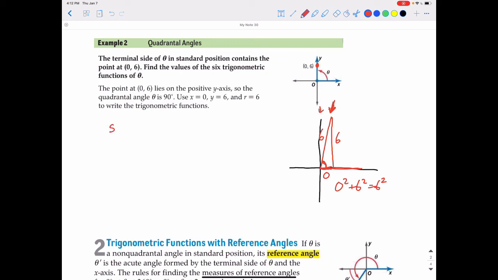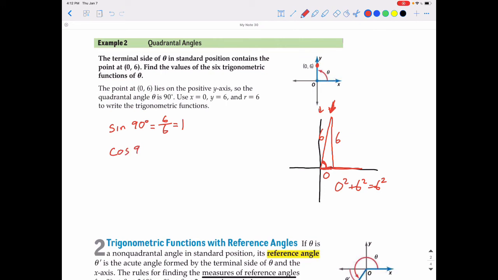So the sine of that angle, which again is a 90-degree angle, the sine of 90 degrees is going to be the opposite side, which is 6, over the hypotenuse, which is 6, and that equals exactly 1. You can verify this with a calculator. If you type in the sine of 90 degrees, it will tell you that it is equal to exactly 1.